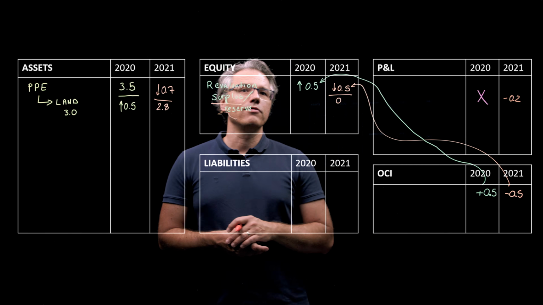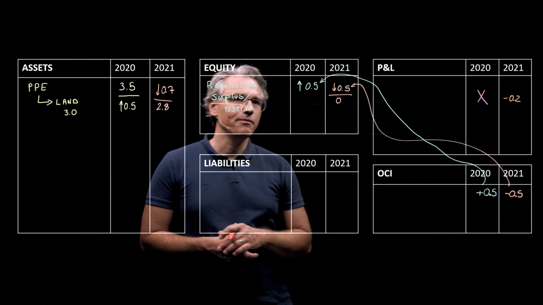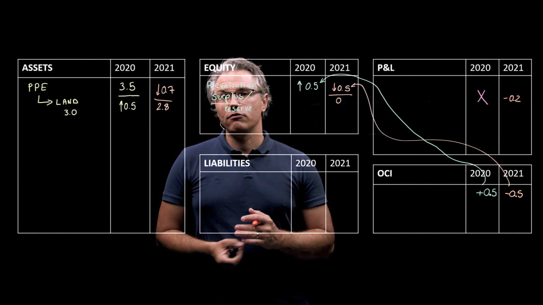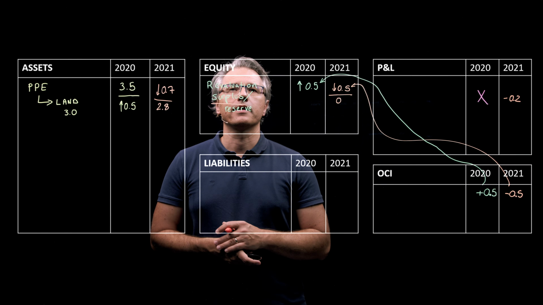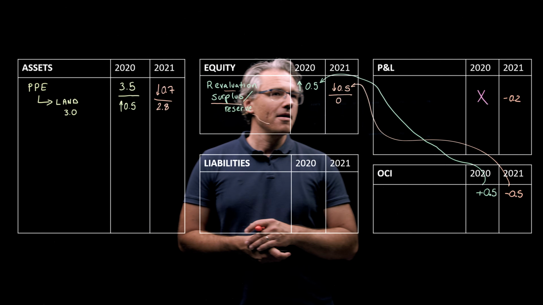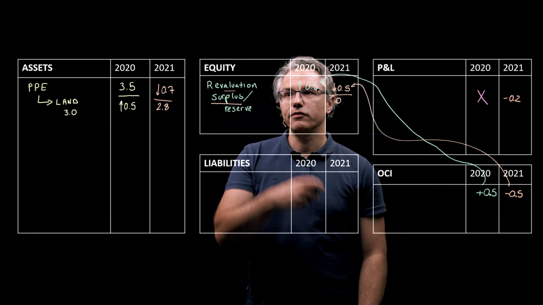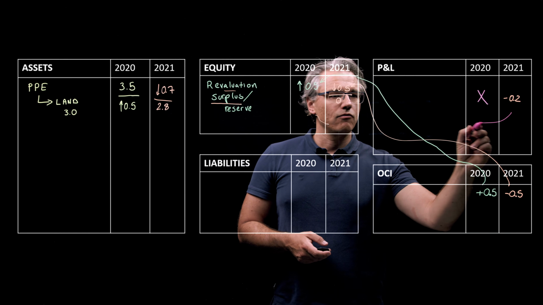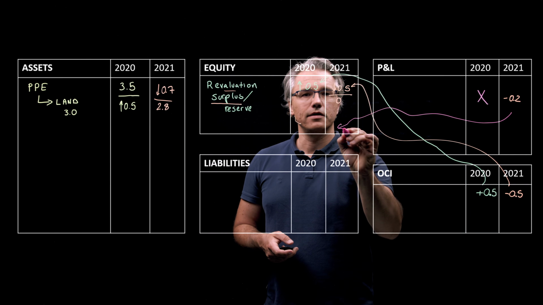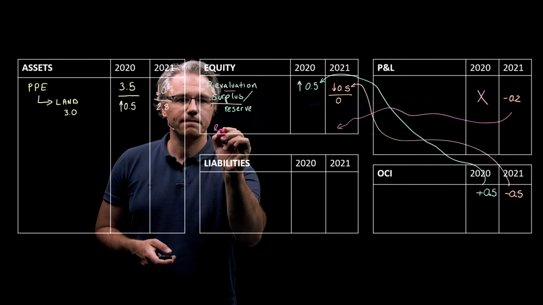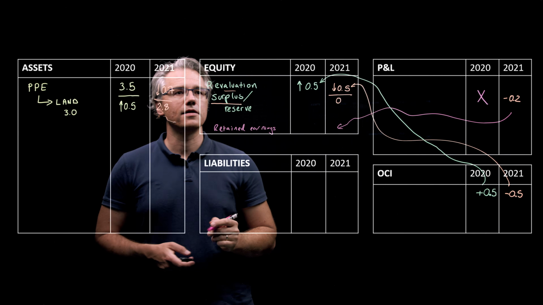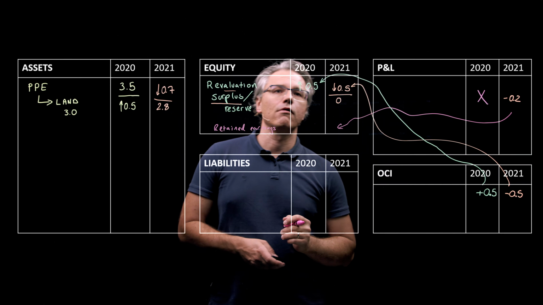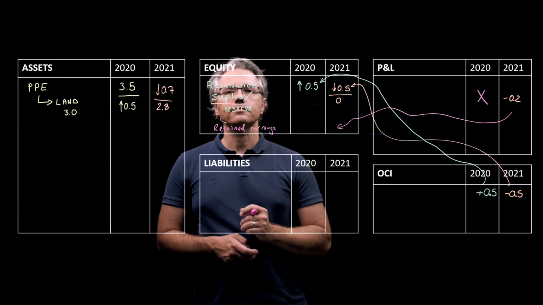And this will naturally impact equity as well. Anything that is taken to P&L, either with a plus or with a minus, does ultimately impact equity. But instead of being shown as part of revaluation surplus or revaluation reserve, this will be reflected within retained earnings, as generally this is the place where we take the net income that is the product of our P&L computations.